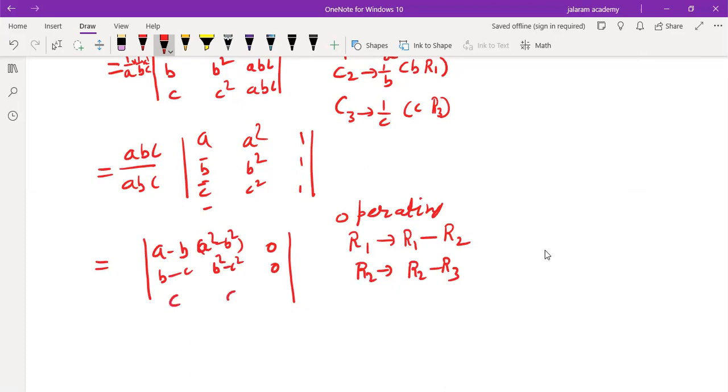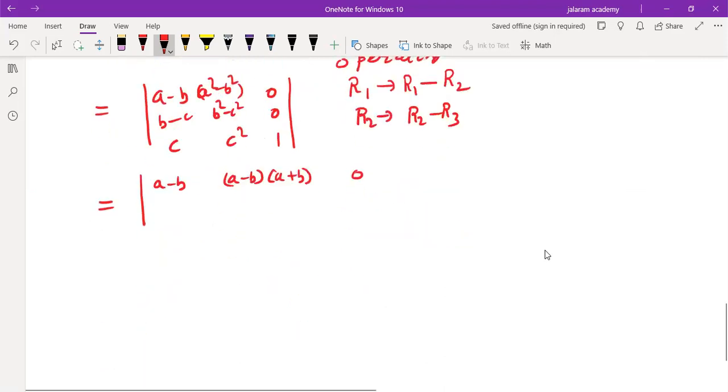And the third row is written as it is. In the first row, if we factorize the second element, A square minus B square is A minus B into A plus B. Third element is 0 only. In the second row, B minus C and B square minus C square is B minus C into B plus C. Third element is 0. Then C square, 1.